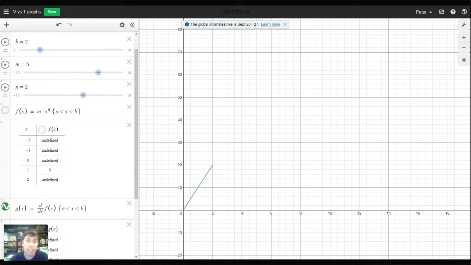Now, commonly on an AP exam, if they're going to ask you to do this, it will be for a velocity time graph. This could also be done with an acceleration time graph, and that will give you the velocity and stuff like that. But that is much less common. More often than not, you're going to see here's a velocity time graph, and then we find the position from it.